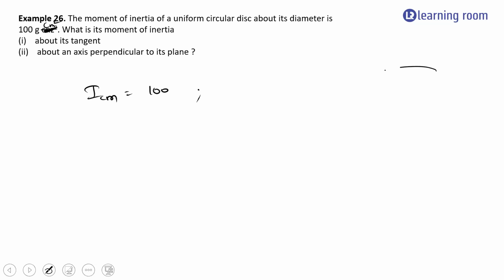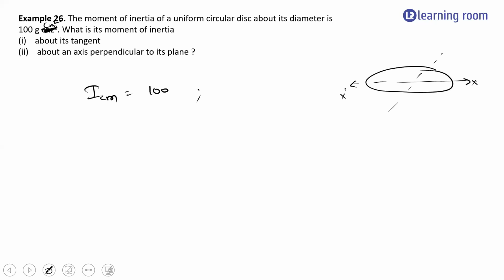What is the moment of inertia about the diameter? MR square by 2. Check it. Yesterday we solved this problem.